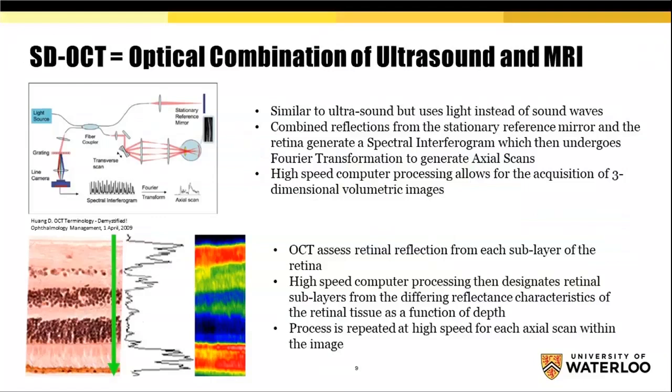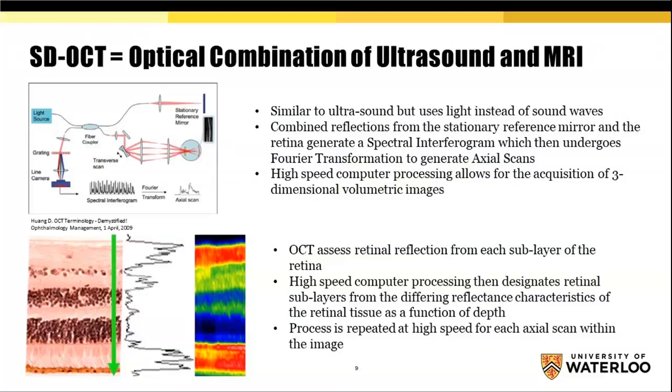Basically, SDOCT is a combination, if you like, of ultrasound and MRI. It's similar to ultrasound, but it uses light instead of sound waves. And basically, it measures reflection as a function of depth within the retina to actually then produce a 3-dimensional image of the retina itself.